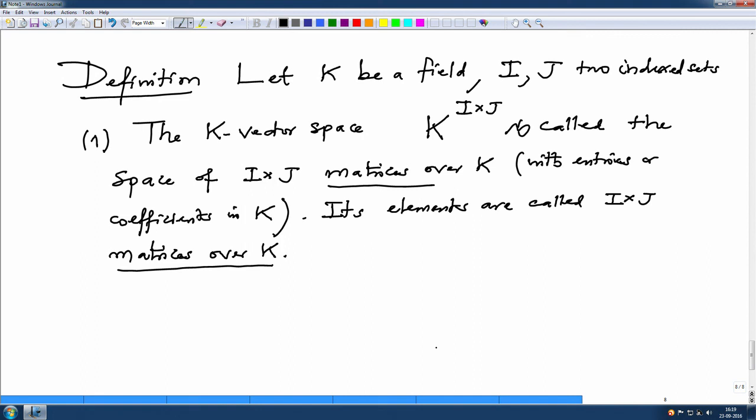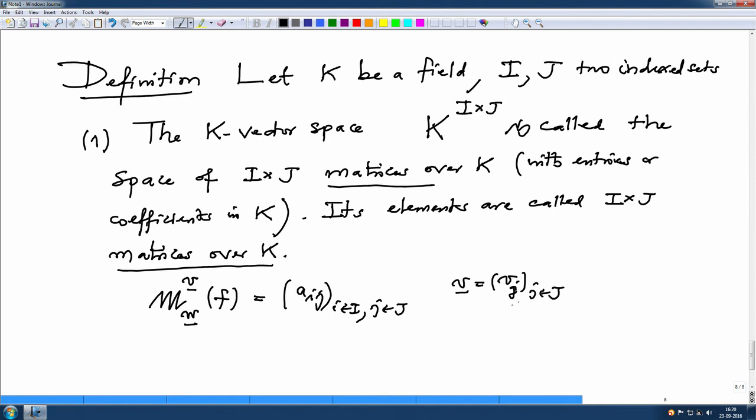Okay. So, therefore, what we have defined above is really the matrix. So, M(f), with V on the top because we go from V to W, is the matrix a_ij, i in I, j in J, and V is a basis v_j, and W is a basis w_i.